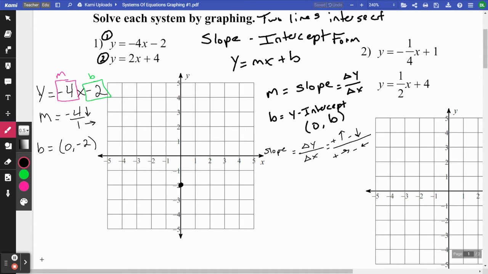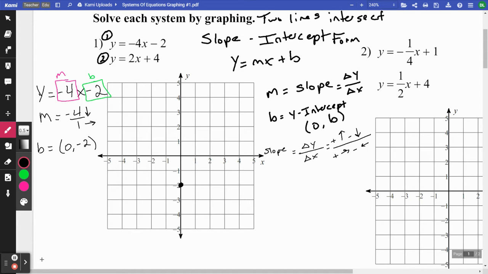And so my slope is negative, so the negative 4, it goes down. 1, 2, 3. Oh, it doesn't continue, right? The graph doesn't go down 4. What do I do? Well, there's more than one way to get to negative 4 if I use a fraction.